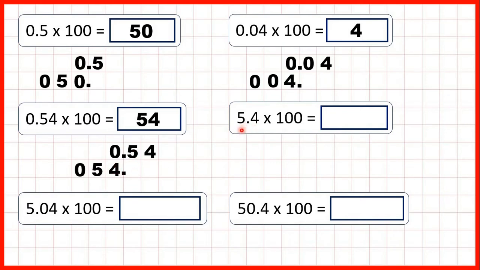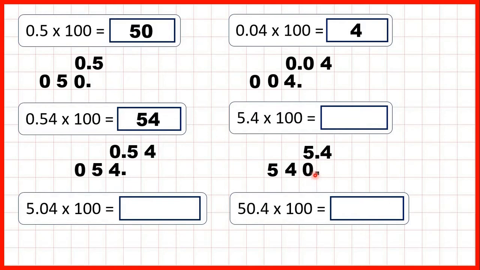So now we have 5.4 times 100. Again, we write the number out, copy down the decimal point, and move the digits 2 squares to the left. But now we have an empty square before the decimal point, and we know that the place value before the decimal point is the ones column, and we can't have an empty ones place value column, so we need to write a 0 in this square.